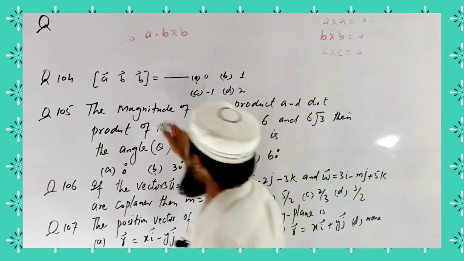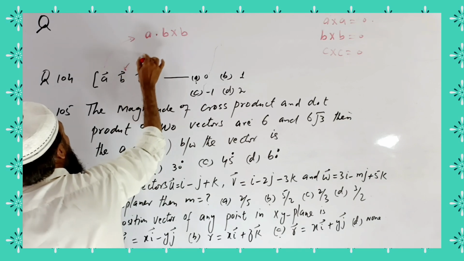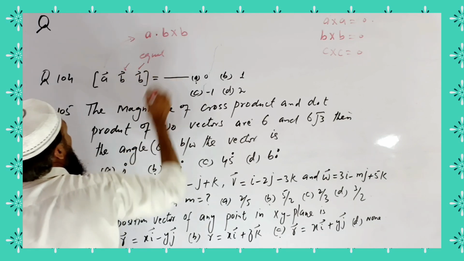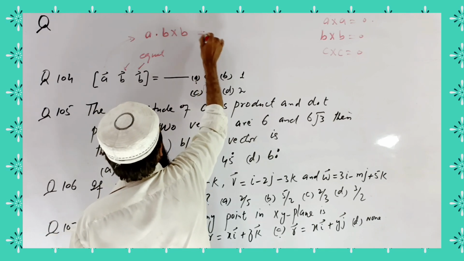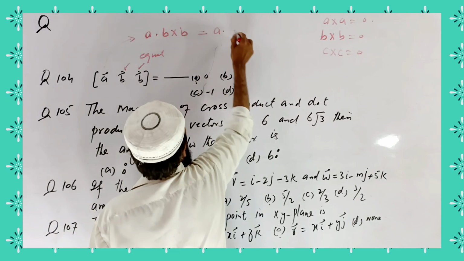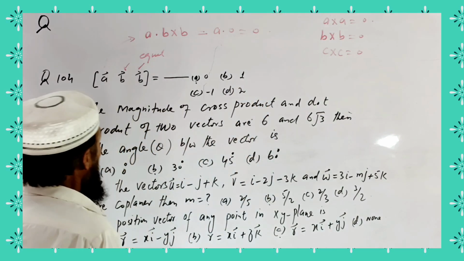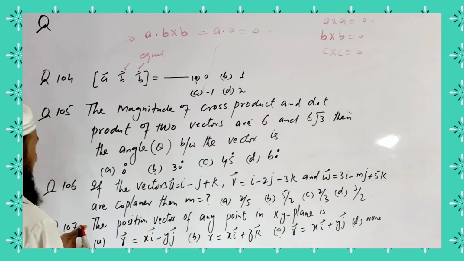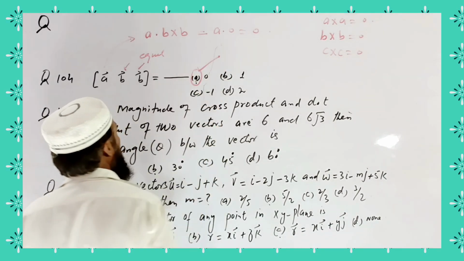Two vectors are equal here, so their product will be equal to 0. So A dot 0 becomes 0. And here the correct option A is the correct answer.